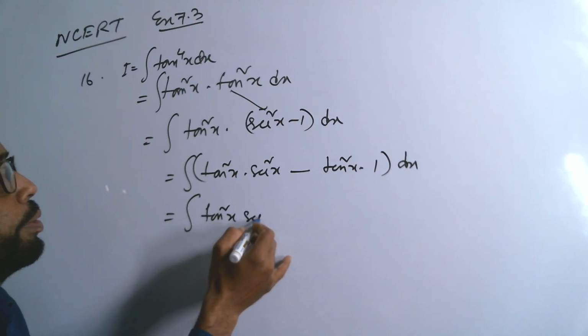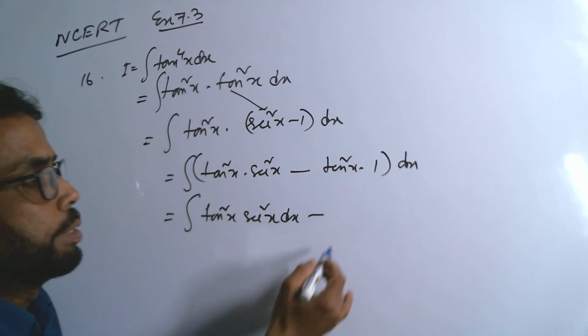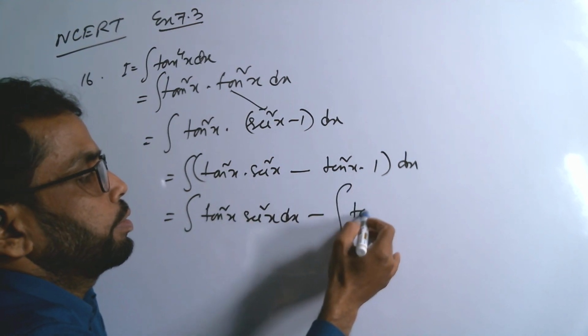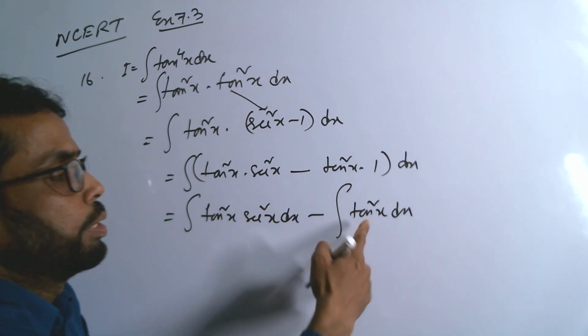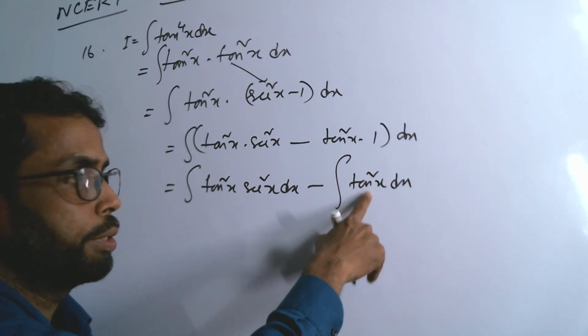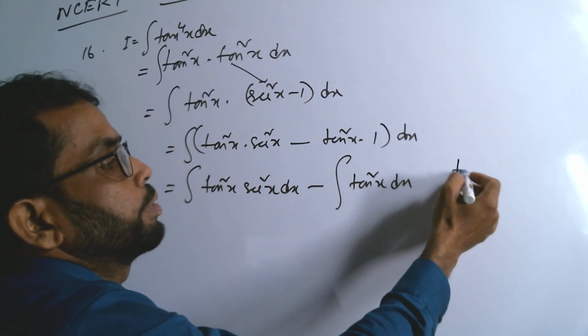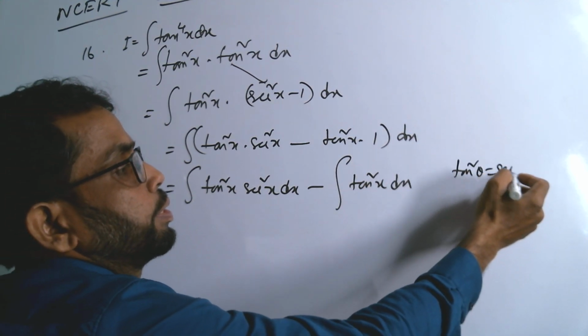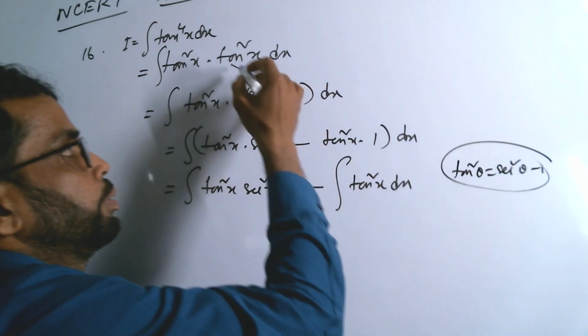Integration of tan²x x sec²x dx minus tan²x dx. Integration of tan²x we don't have the formula, so tan²x will be converted into sec²x minus 1. tan²θ is sec²θ minus 1, which we have used here also.